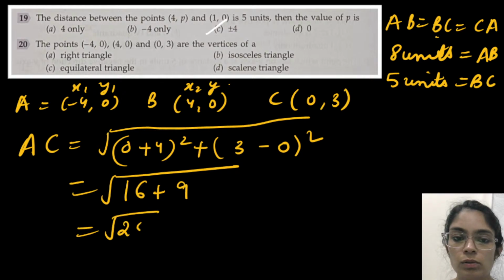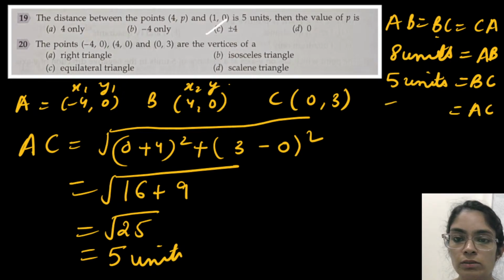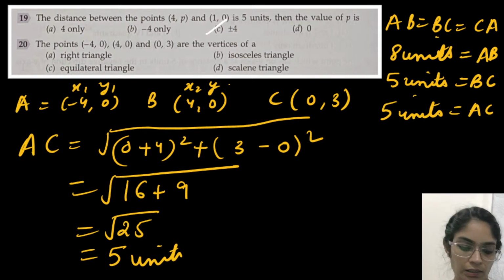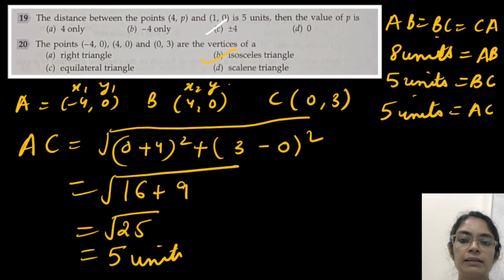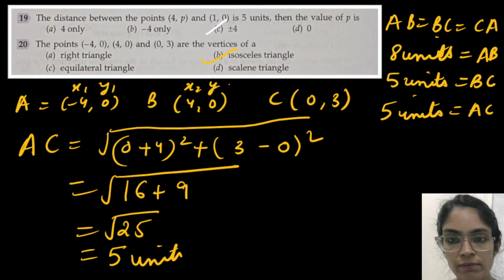So this is root 25, which equals 5 units. So AC is also 5 units. So option B: when two sides of the triangle are equal, the triangle is an isosceles triangle. Yes, AB is 8 units, BC is 5 units and AC is also 5 units. Option B, isosceles triangle, is the correct answer.